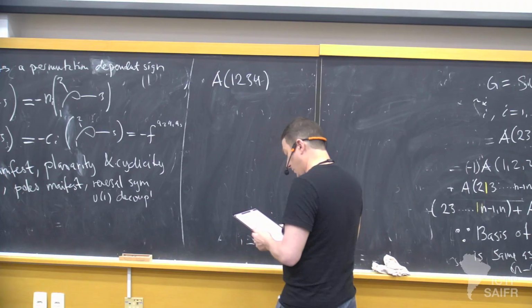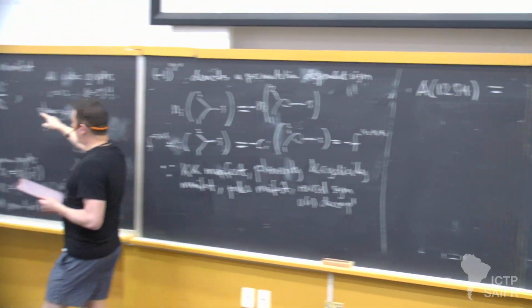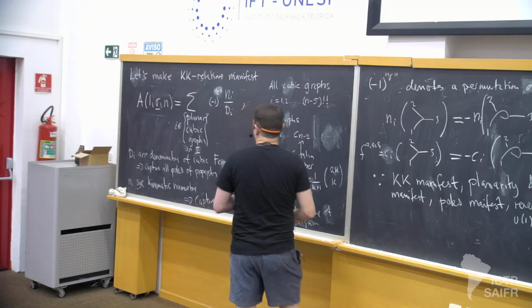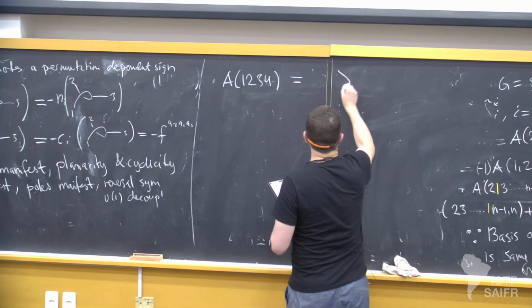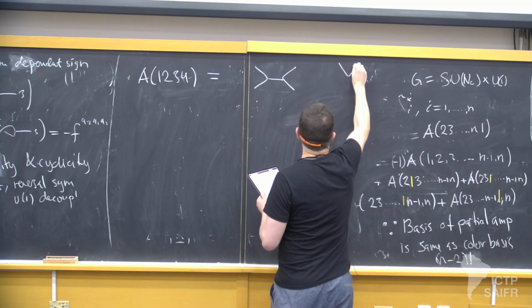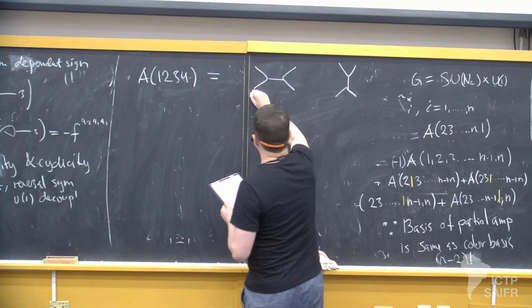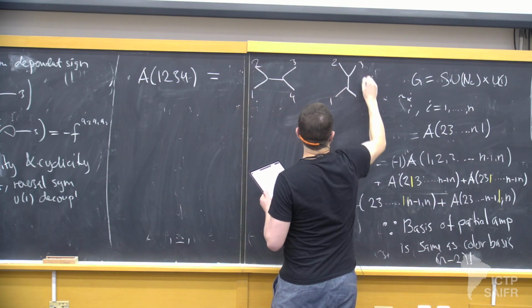Let's call them 1, 2, 3, 4. And as I said here, you have to write down a sum of graphs in a certain ordering. So basically, it's going to be this graph and that graph in the 1, 2, 3, 4 ordering.